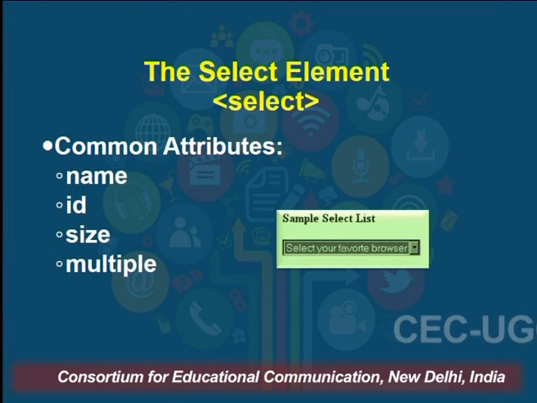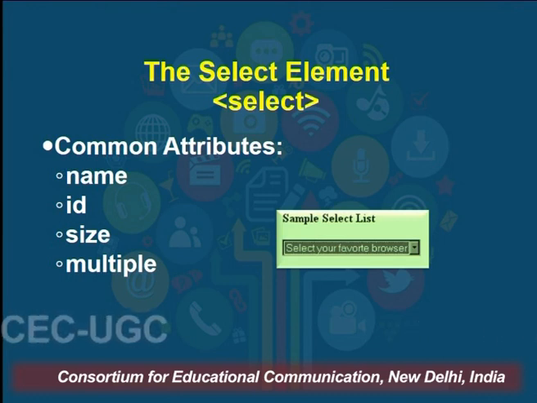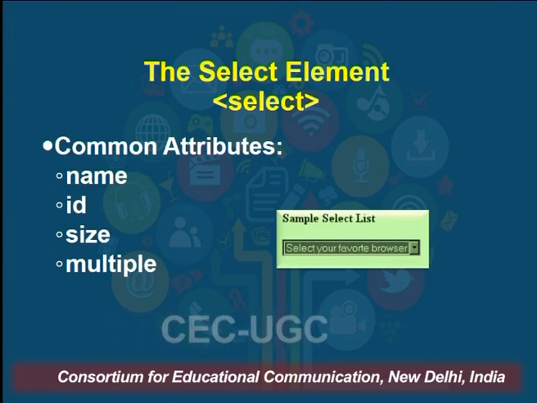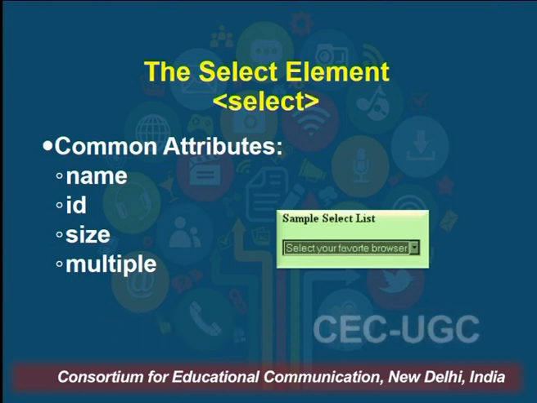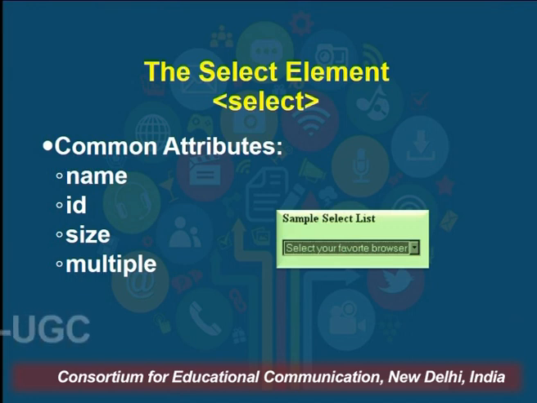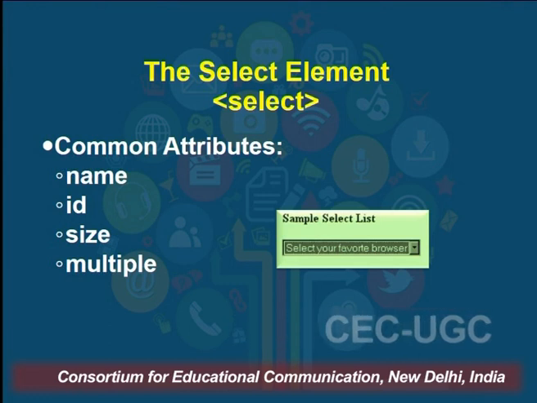And the size attribute that we give in case of the select element, that many options will be shown to the user. Generally by default one option is shown, the first option may be shown, but if you want more than one option to be shown to the user by default, then you can give size equal to say 2 or 3, and that many options will be shown. Then some of the select boxes allow multiple selections also, that is you can choose more than one option.